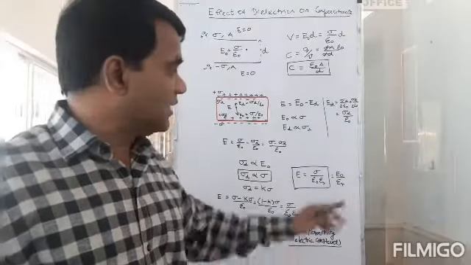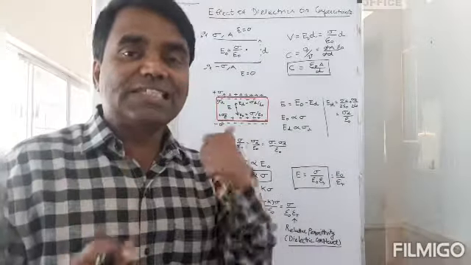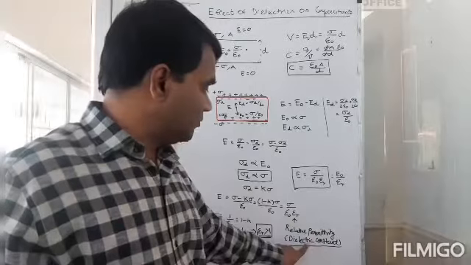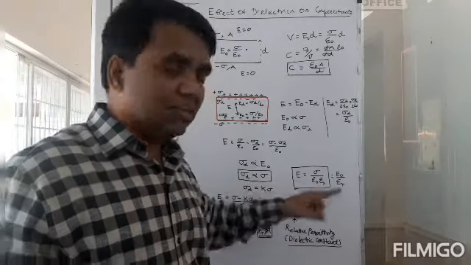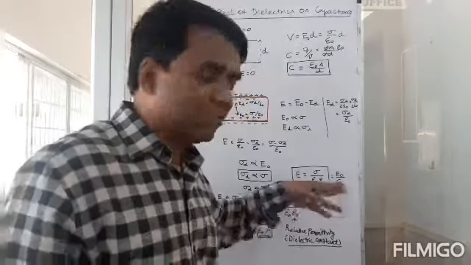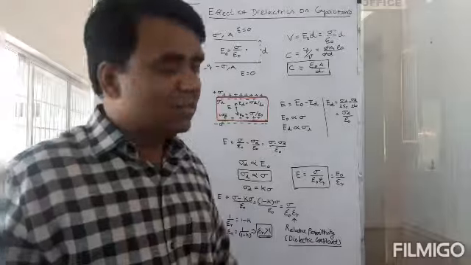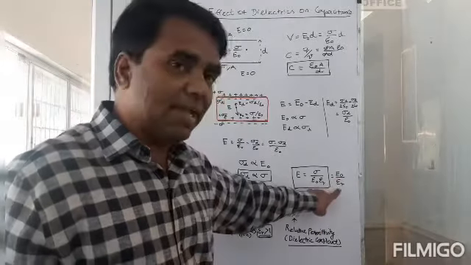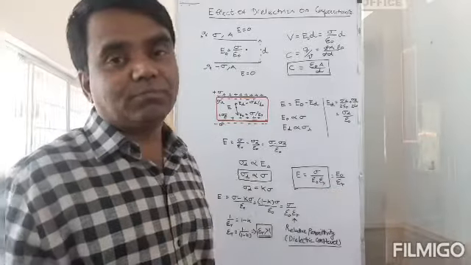In your textbook it says E naught by K. Your textbook uses the symbol K for this number, but I am using epsilon R because it is going to be used along with this epsilon naught. In your textbook it is called K, and this number is greater than 1.